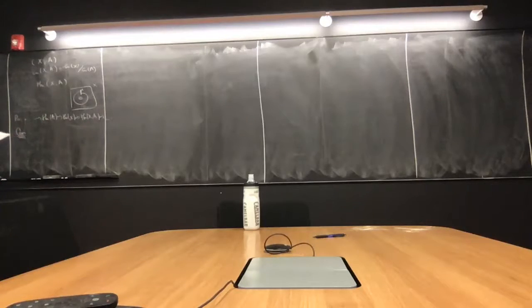Let me state a corollary, which is useful. I think I've stated parts of it before. First of all, what is relative homology with respect to a point? If you just pick a base point and you do relative homology with respect to that, what do we get?